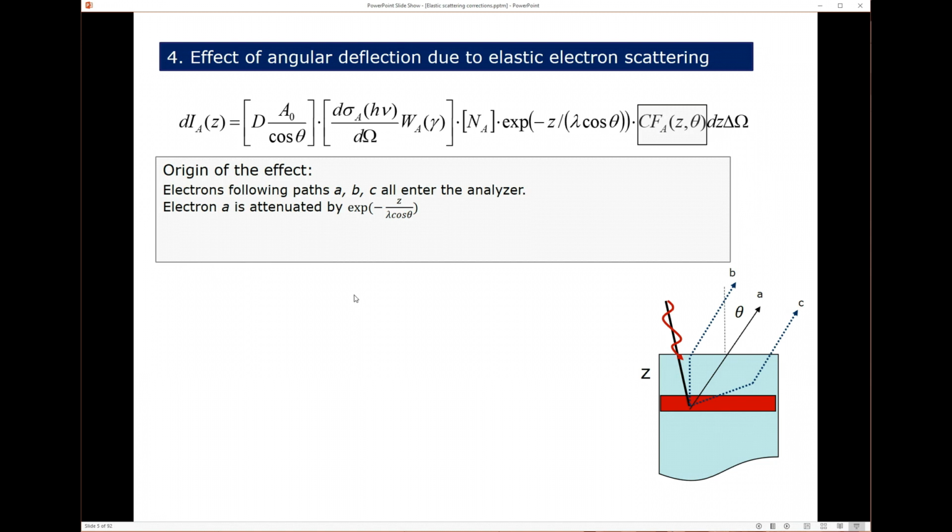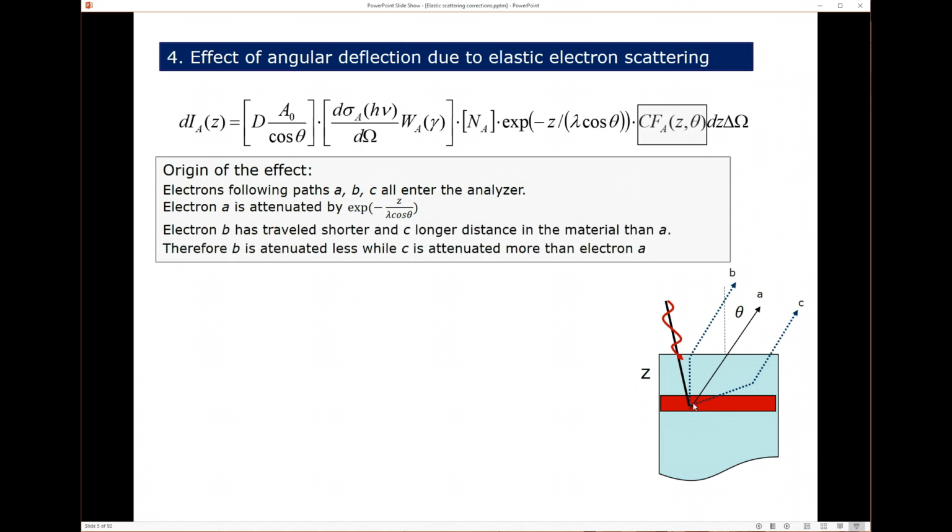The origin of the effect for elastic scattering is that the electrons, if we ignore elastic scattering, move out along trajectory A. But if an electron comes out here and we have elastic scattering up here, it can be scattered into the direction of the analyzer and be detected, but it'll be attenuated less than the electron that's traveled here because the distance traveled in the sample is shorter.